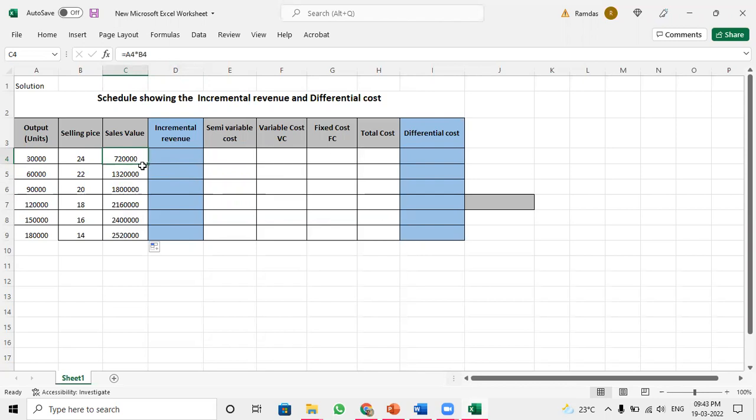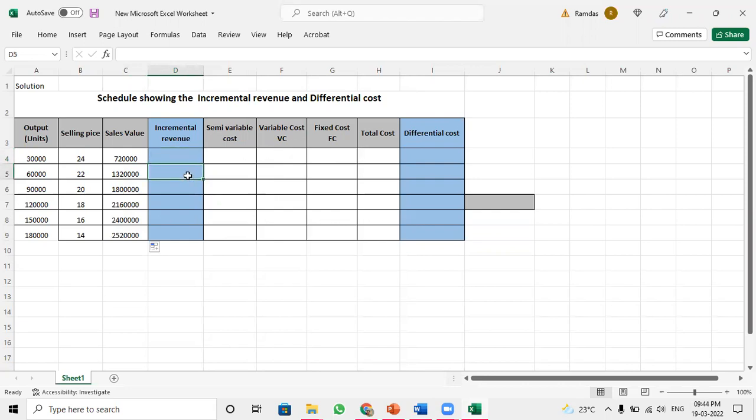So the increase in the sales value from the first level of output to the second level of output, and from the second level to the third level. Here the base would be the first level of output. Hence, as we have 7,20,000 in the first year, there would be no value as such. There is no incremental revenue because that is the base year.